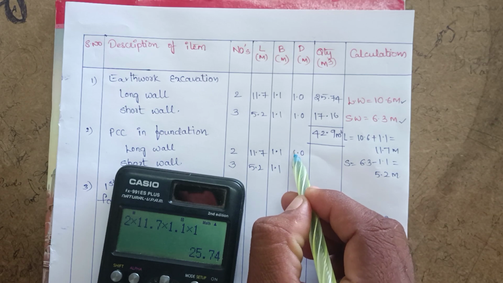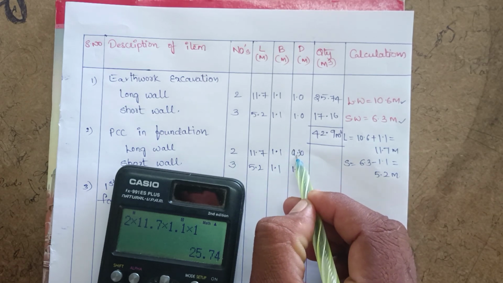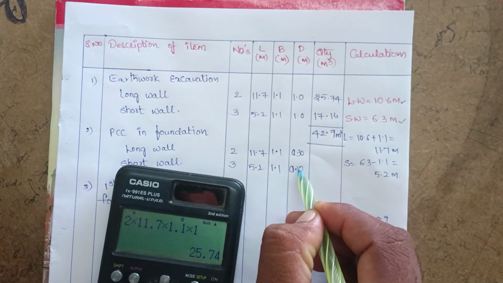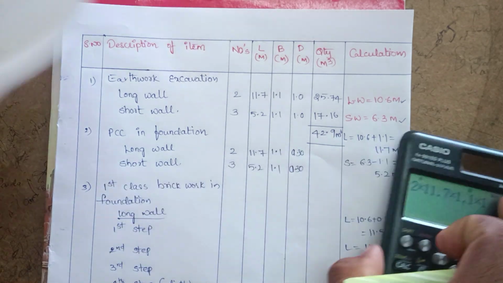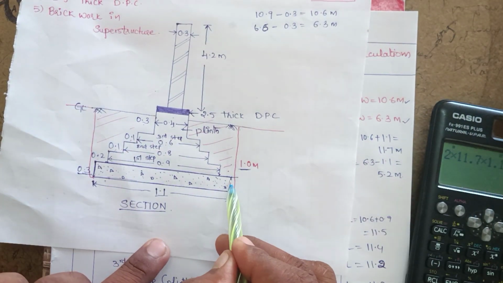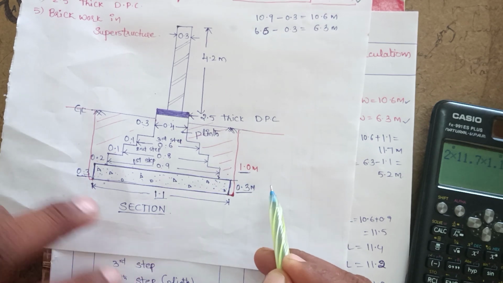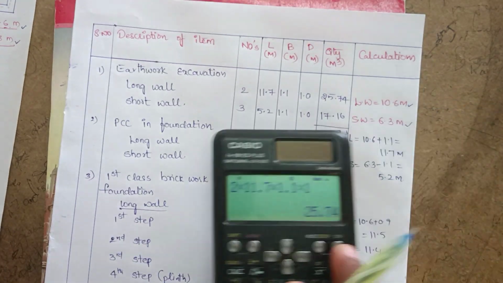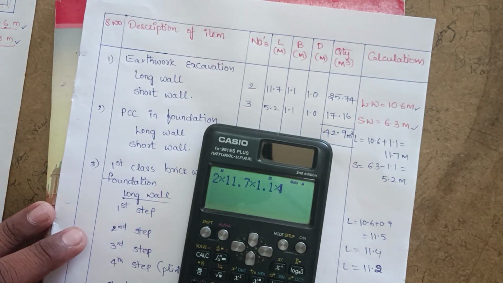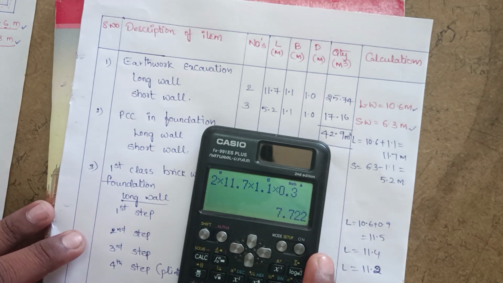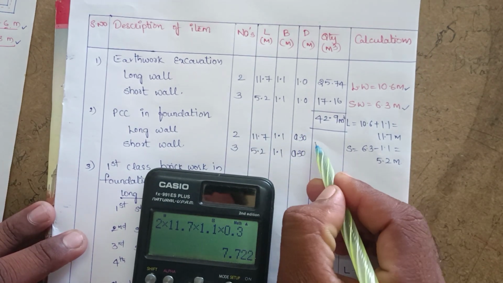Here the depth is 0.3. We need to calculate the depth of this one, this is 0.3 meters. Here it is 7.72.